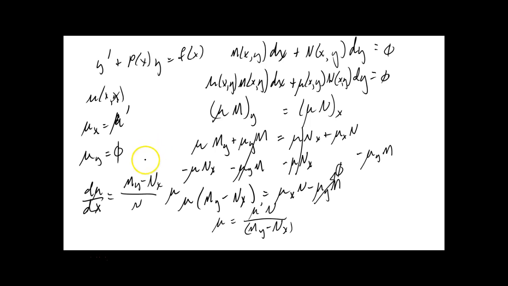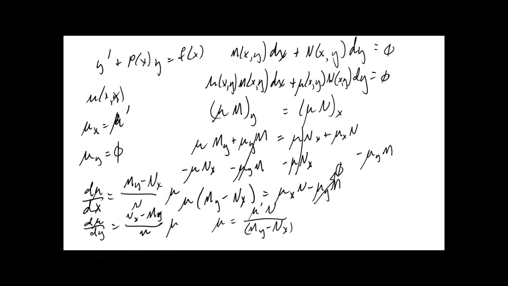If this is not a function of x alone, then the derivative of mu with respect to y, if we make that a function of y alone, would have to be n sub x minus m sub y over m, times mu. Now we're assuming a function of y alone.